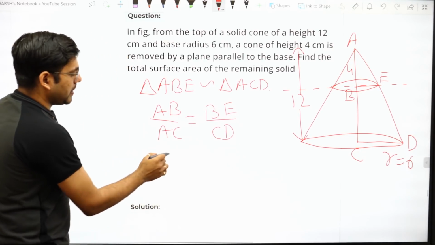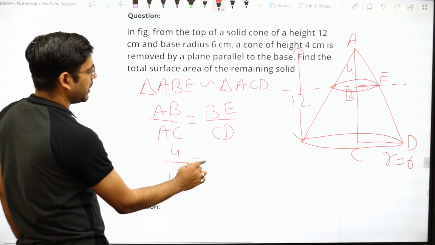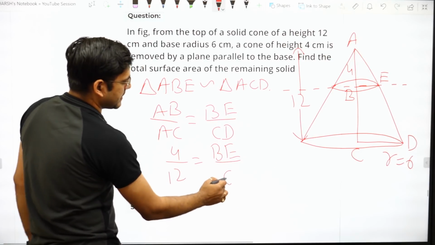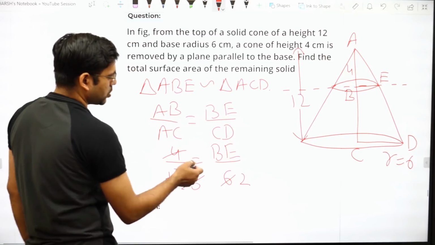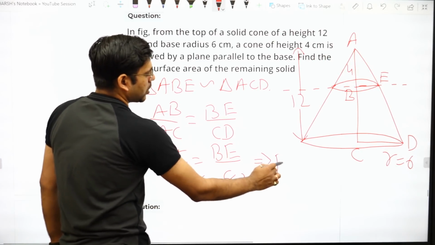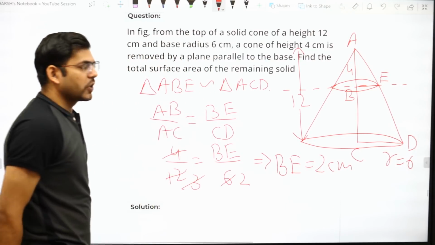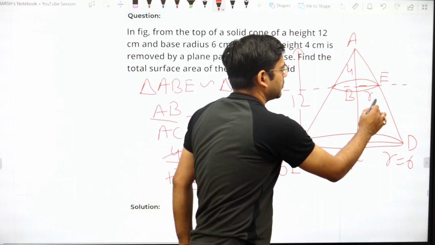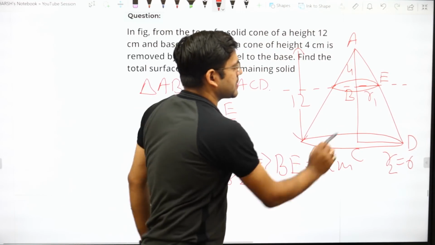Now AB is 4, AC is completely 12, BE we do not know, and CD we know, that is 6. Now solving, 3 times 4 is 12, 2 will be coming here. So doing the cross multiplication, BE is nothing but 2 centimeter. So I guess you have got all the values. Means you have got R1, you have got R2, and you have got the remaining height, that is 8.